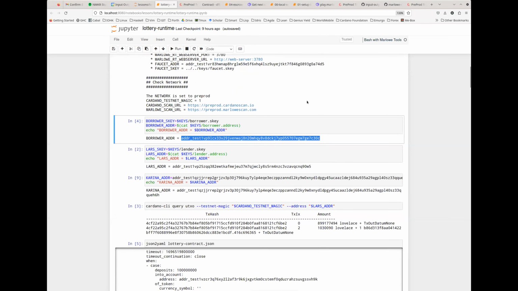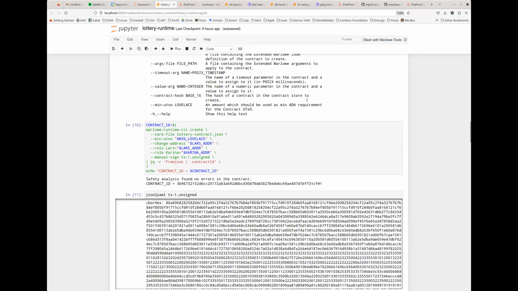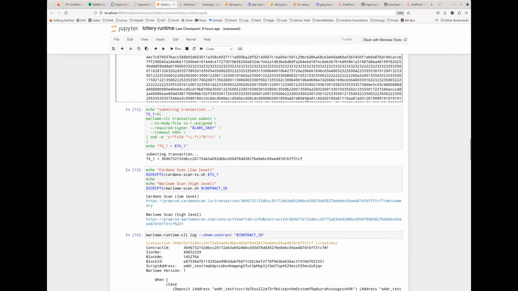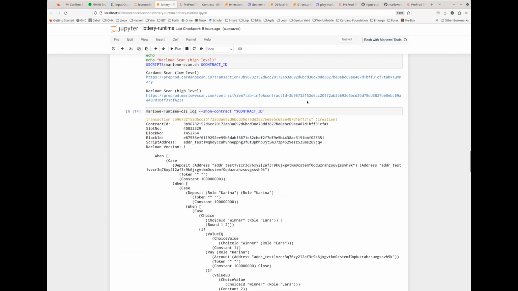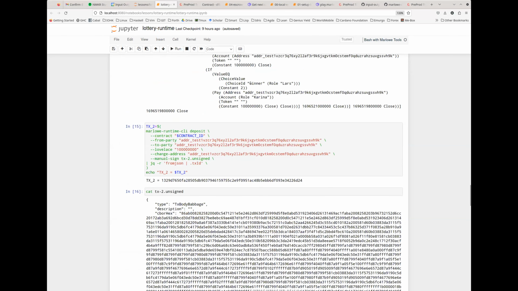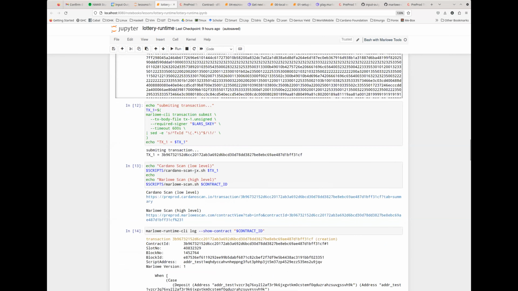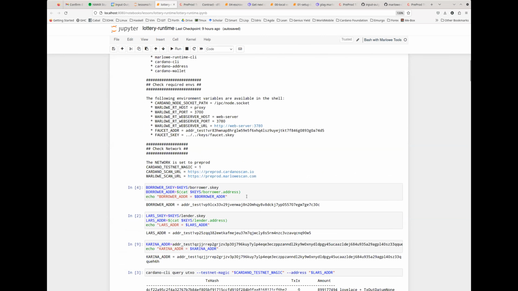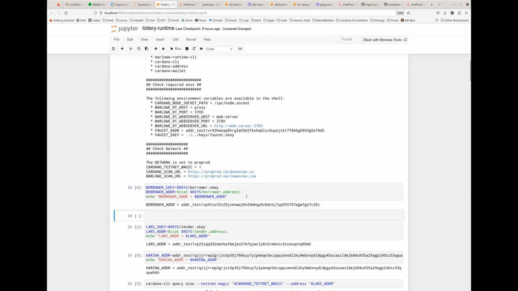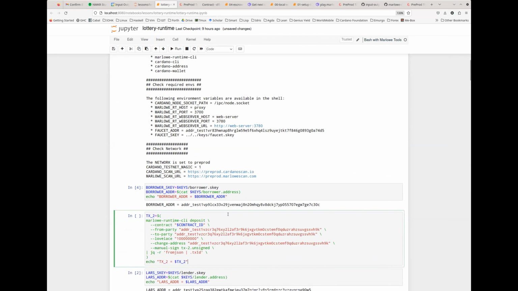While Karina is doing that, let me just check here where we did the deposit. I can modify that already. So this is now transaction 3.